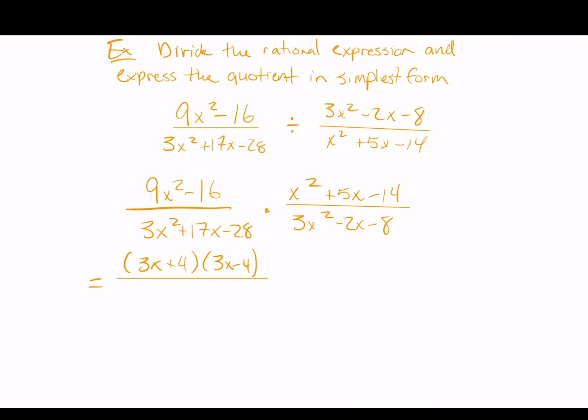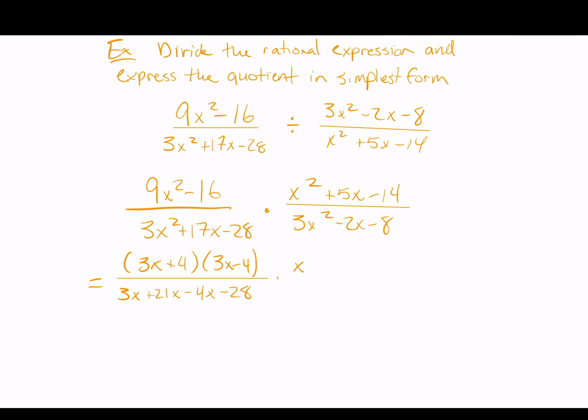The factors of 84 that give us 17 are 21 and negative 4. So we can rewrite that as 3x squared plus 21x minus 4x minus 28.